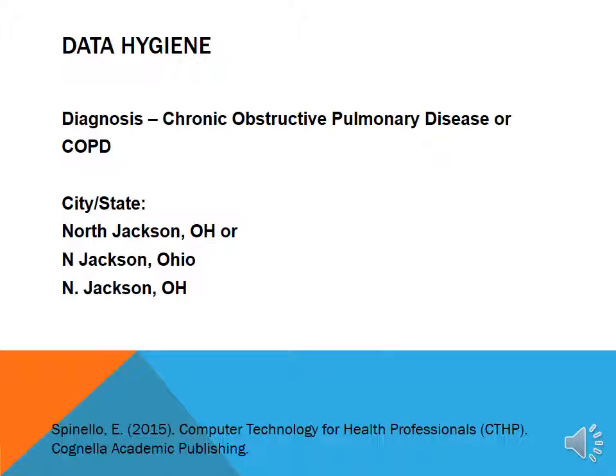And just as an example, you could either enter chronic obstructive pulmonary disease or COPD. Well, depending on how that would be entered, if I'm searching for one or the other of those, I may not get the other group. So if I'm searching for COPD, I may not get chronic obstructive pulmonary disease patients.